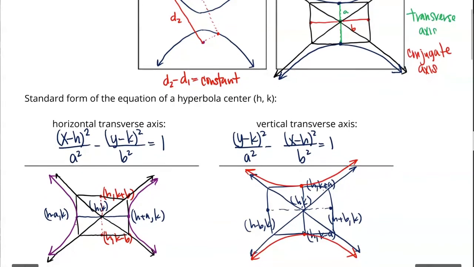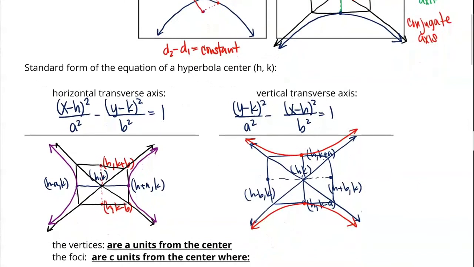All right. So, as we've mentioned, the vertices are a units from the center, and then the foci, I can put these on here, are c units from the center. Remember that our foci are going to be on the inside of those branches of the hyperbola. Those are going to be right in the middle of where I wrote those points.